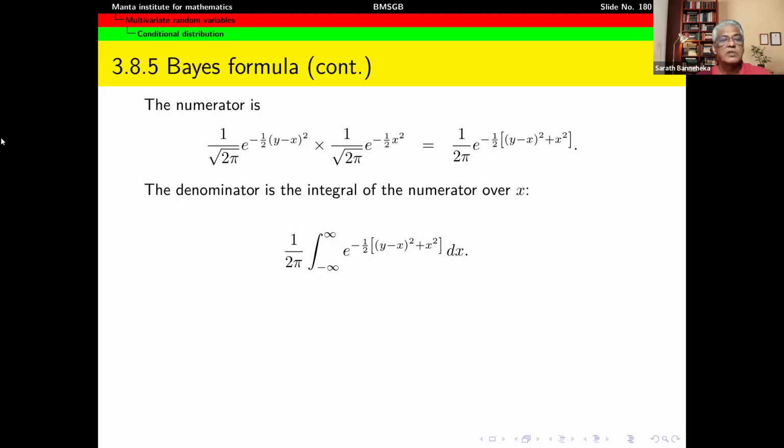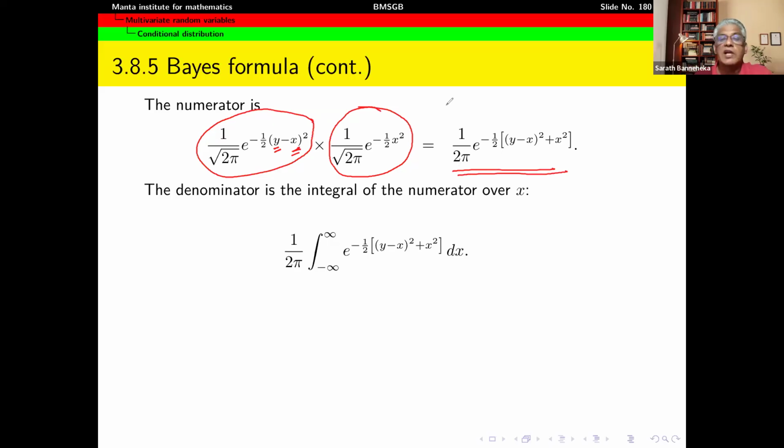So that is this part here. This is the normal density function with mean x, evaluated at y. Standard deviation is 1 and the variance is therefore 1. And this is the marginal density function, which is the standard normal, as a function of x. That is the marginal density function of x. So when you simplify, you get this expression here.